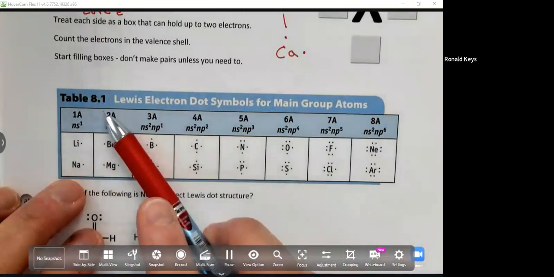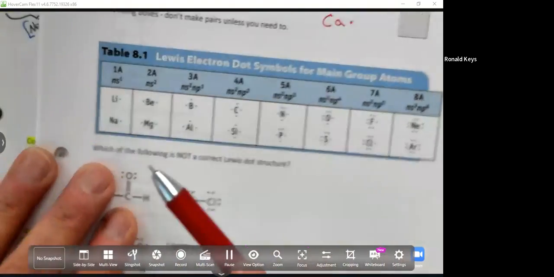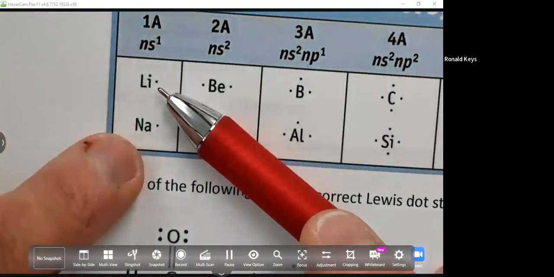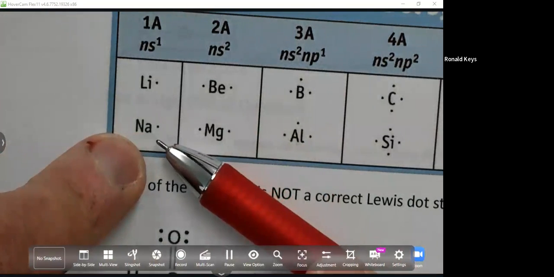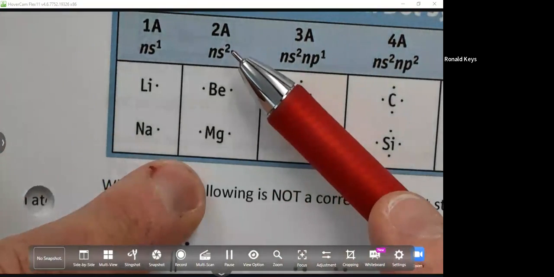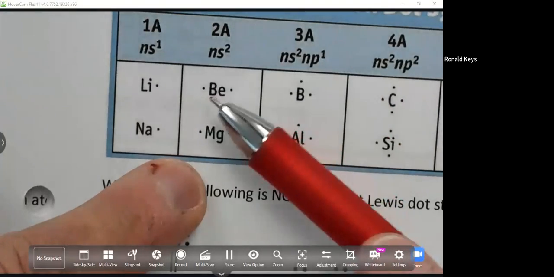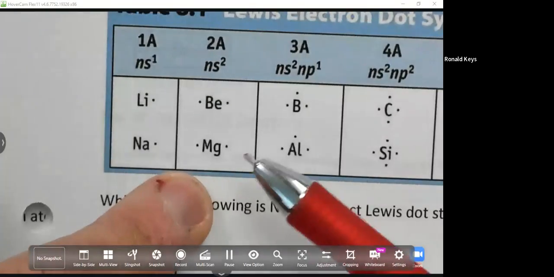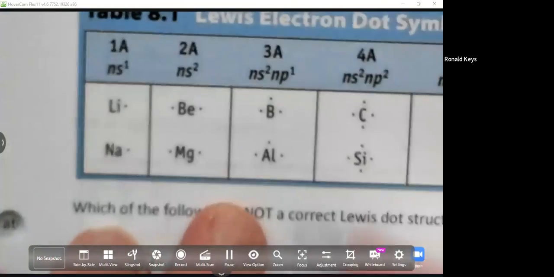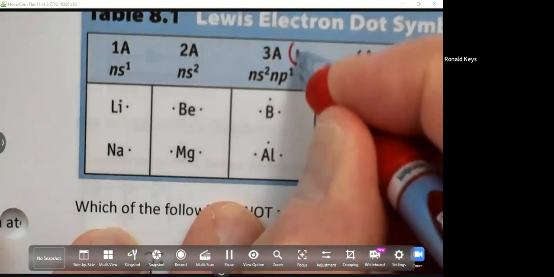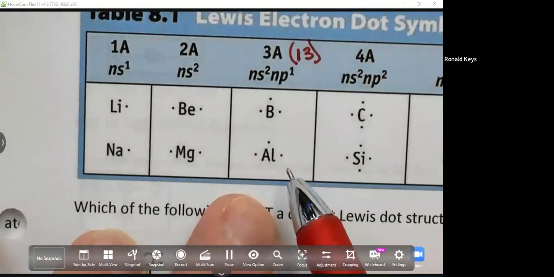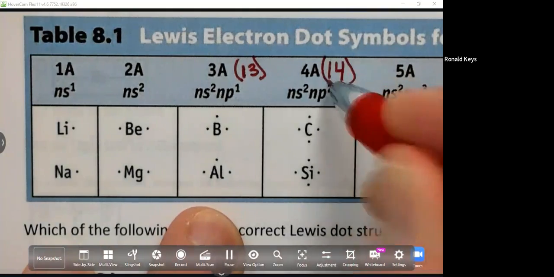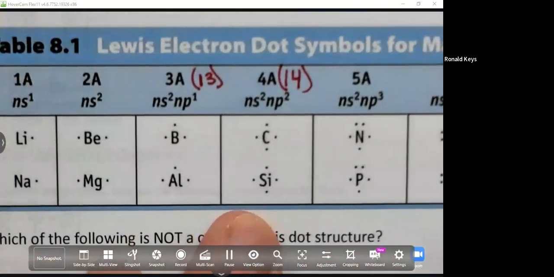Here's some examples. This is table 8.1. So lithium and sodium just have 1 valence electron, right? Group 2, beryllium, magnesium, 2 valence electrons. We're putting them left, right, it doesn't matter, just don't match them up. This is group 13. It is going to have 3 valence electrons. Group 14 is going to have 4.